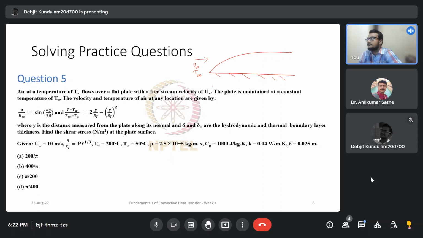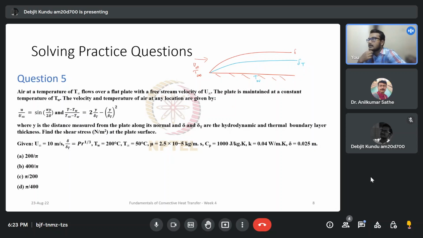There is a boundary layer forming, both kinds, delta as well as delta T. So there is a hydrodynamic boundary layer forming as well as a thermal boundary layer forming. And the plate is maintained at a constant temperature TW, that is the temperature of the plate.